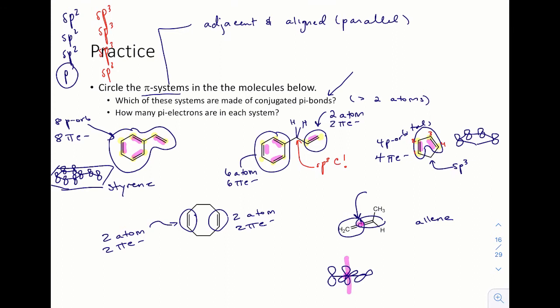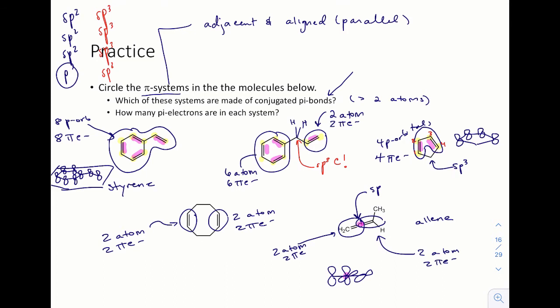It only has the p orbitals it has, and those are at a 90-degree angle. So those 2 pi bonding interactions are actually distinct from one another. They are not conjugated. And that central carbon is actually sp hybridized. So there's one 2 atom, 2 pi electron system, and another 2 atom, 2 pi electron system.